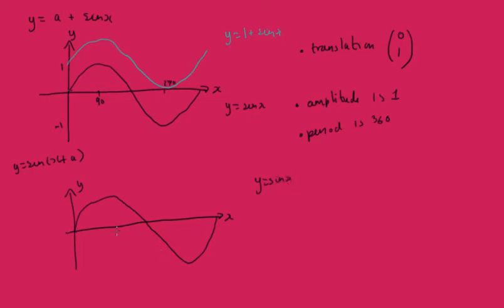So this is still our 90. This is still our 270. Now we're going to look at y equals sine x plus 90. So what this does is it moves everything back.